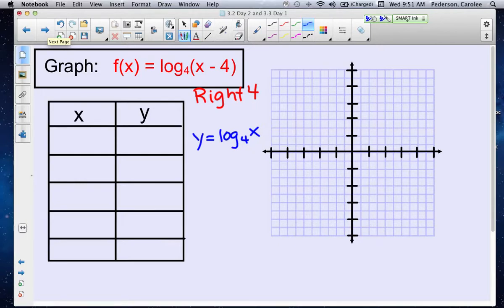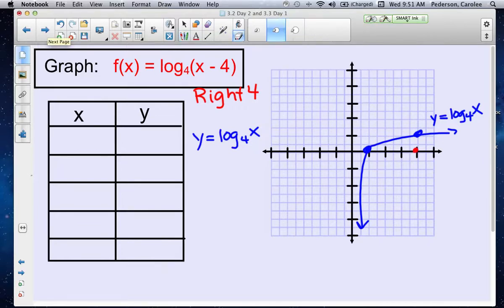So if I graph this ordered pair again, 1, 0, and 4, 1, I would just pick up those 2 pieces, 1, 0, and 4, 1, and shift those 2 points to the right 4 units. So now in the red, this point would be at 5, 0, and 5, 1.